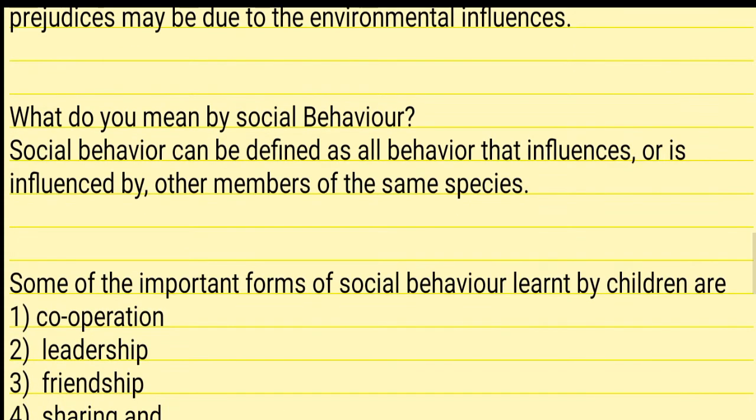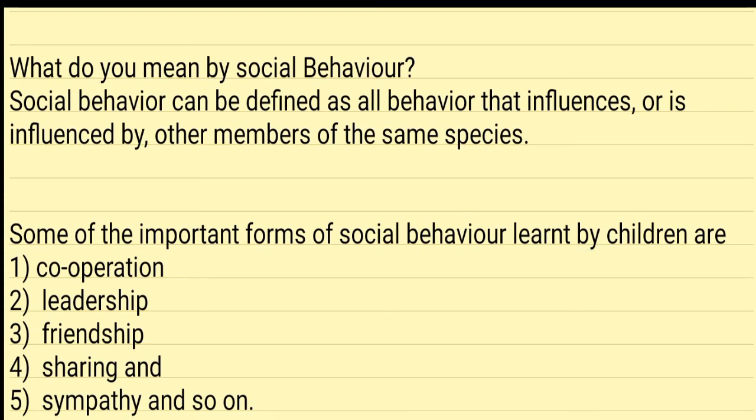So first, let us see the definition or the meaning of social behavior. What do you mean by social behavior? Social behavior can be defined as all the behaviors that influence or are influenced by other members of the same species.